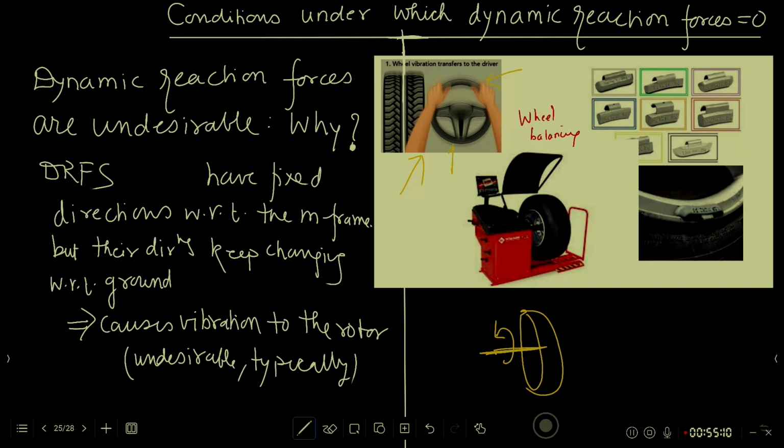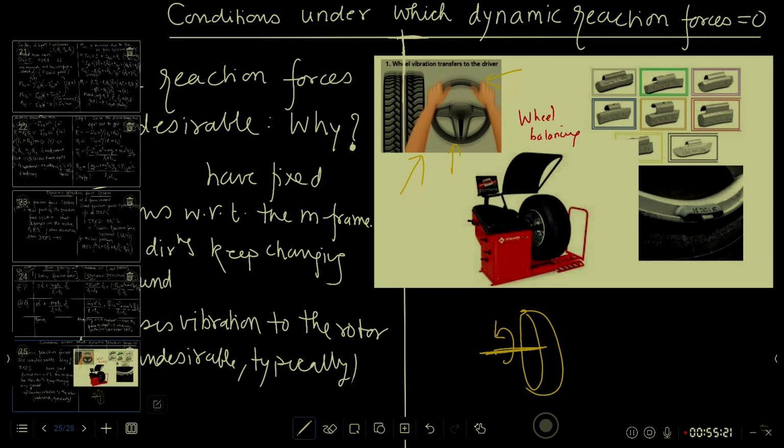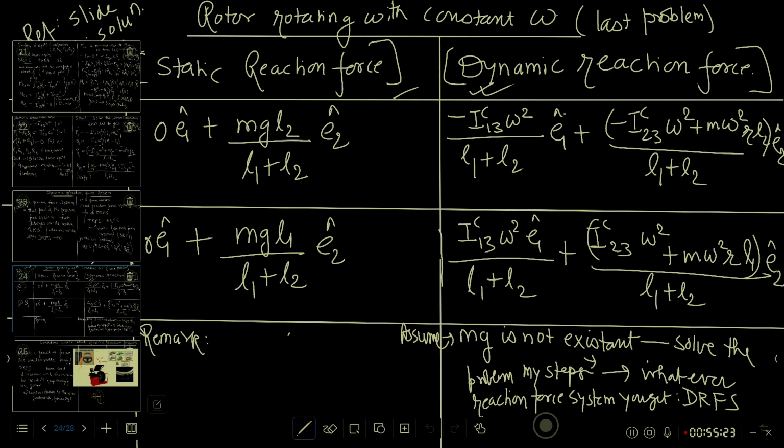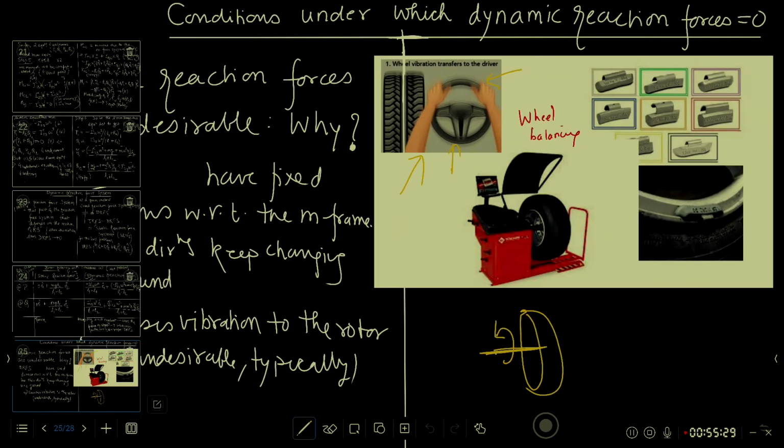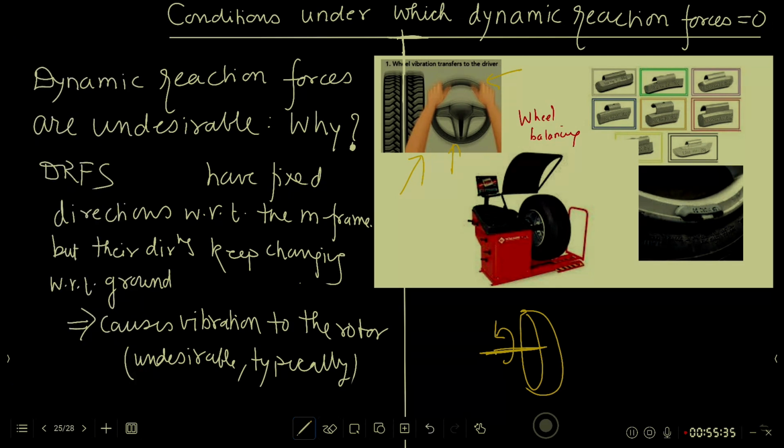That vibration is coming because of the dynamic forces, the expression of which I have derived here. So these reaction forces are changing their direction, and that's why you get vibration. People talk about balancing a wheel. This is part of the maintenance of a car. Nobody likes the steering wheel to be vibrating when you go to high speed.